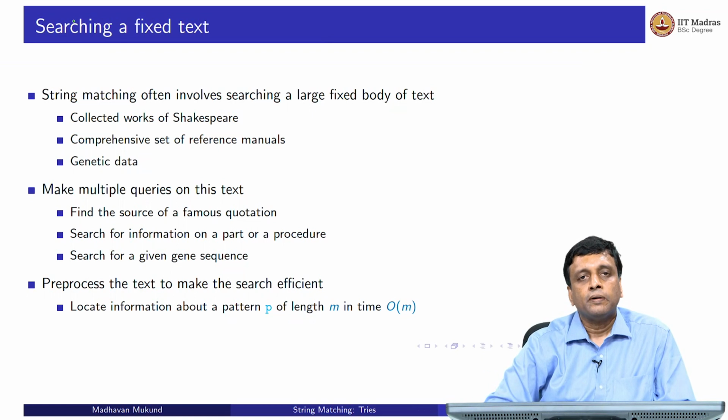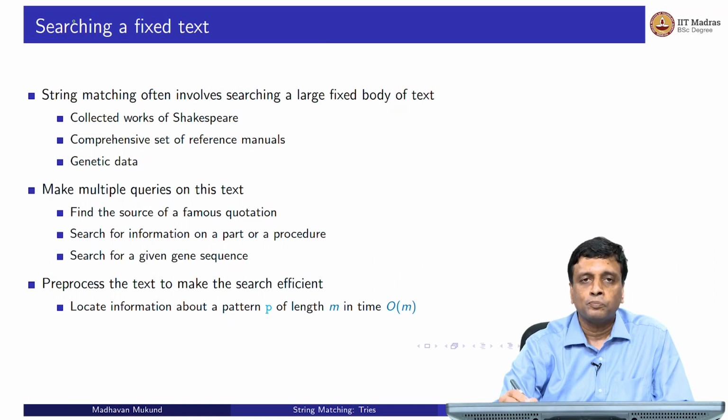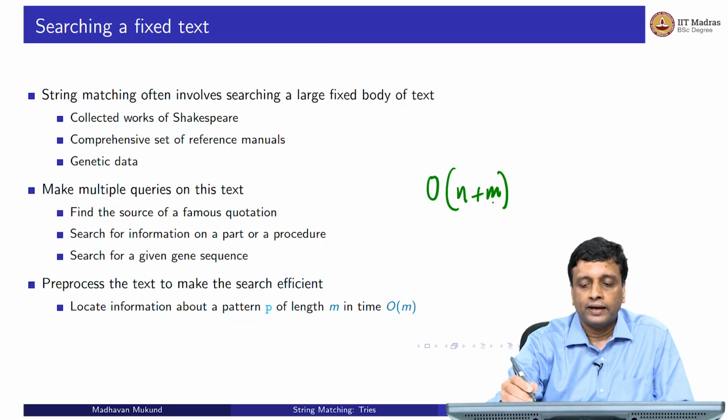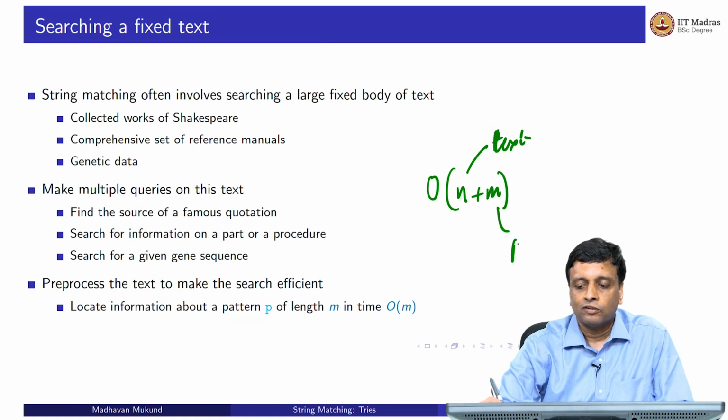So we could hope, since the text is not changing, to do something with the text, that is, to process the text and make it more efficient to search for this pattern, so that the cost of searching for the pattern does not depend on the text at all. If you remember, when we did things like Knuth, Morris, Pratt and so on, we said that we would do things in time order n plus m, where n was the length of the text and m was the length of the pattern.